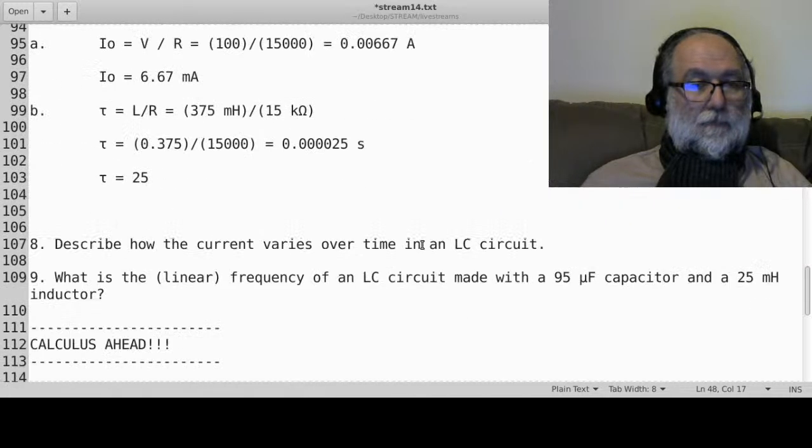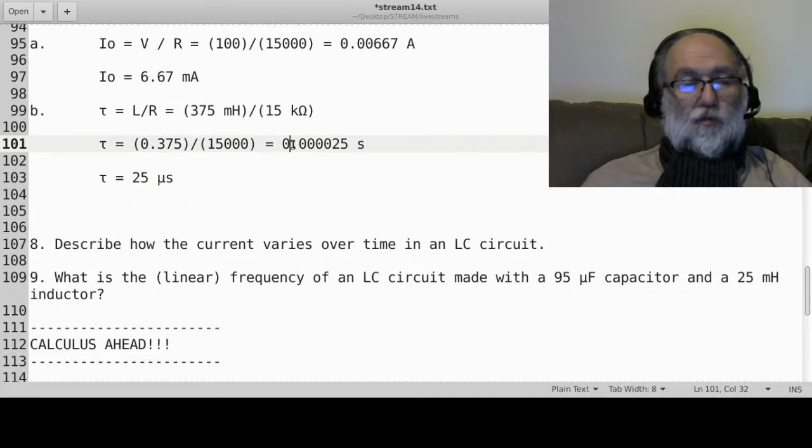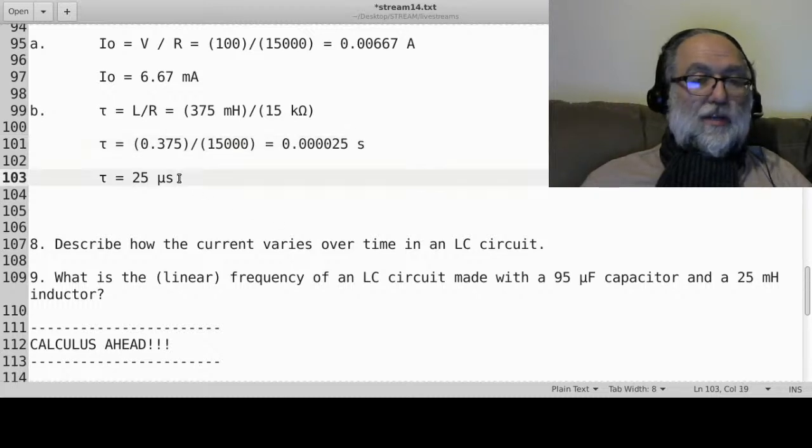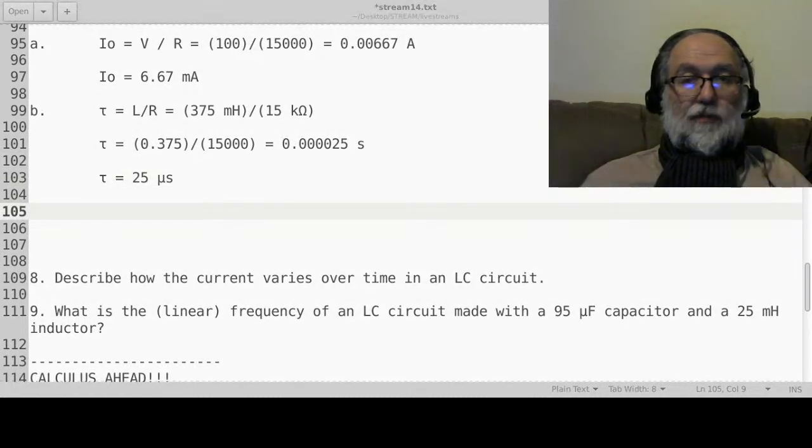There you go, microseconds. Why micro? Micro is 10 to the minus 6. So if you move your decimal over 6 to the right, then you're in the micro range. So 25 microseconds is the time constant for the circuit.